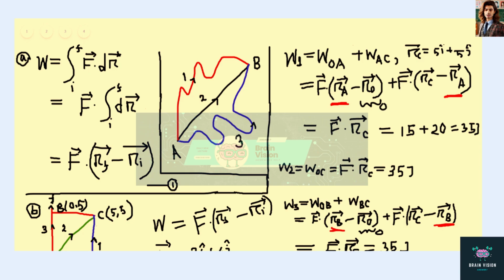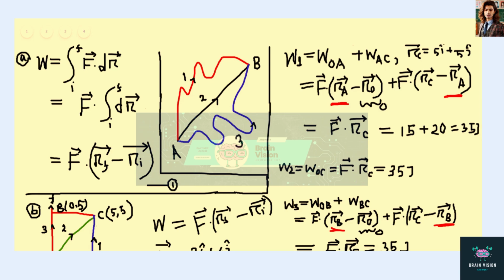Along the blue path, I have two parts: from O to A and then A to C. If I write down the whole formula following equation 1, I have F dot (RA minus RO) plus F dot (RC minus RA). One can cancel this RA because one is positive and the other is negative.